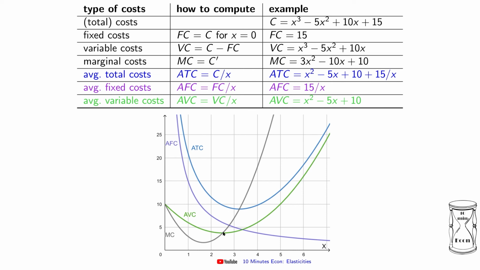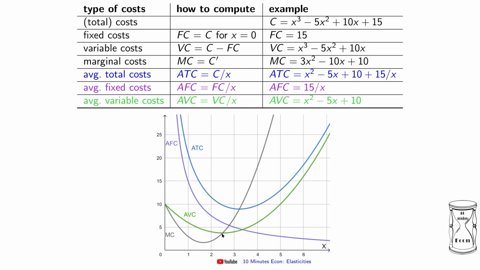And the minimum of the average variable costs, well, it's the same thing, but we are just ignoring fixed costs. That's the whole point of the variable costs, we are ignoring fixed costs. So that's the lowest price the firm is willing to stay in the market in the short run. Why? Because in the short run, that's usually the assumption, the fixed costs cannot be avoided. So basically they are sunk costs.